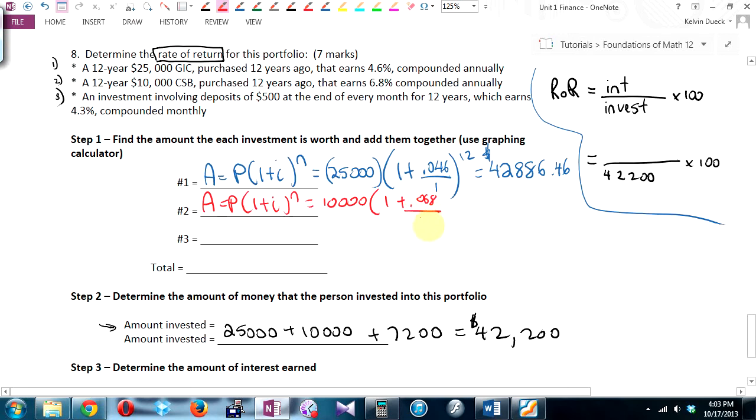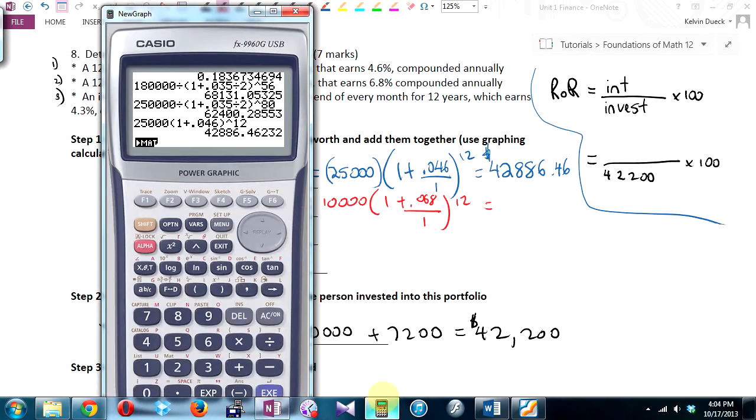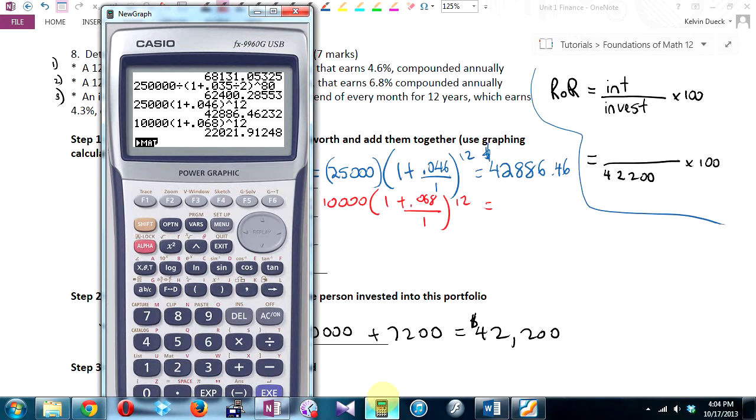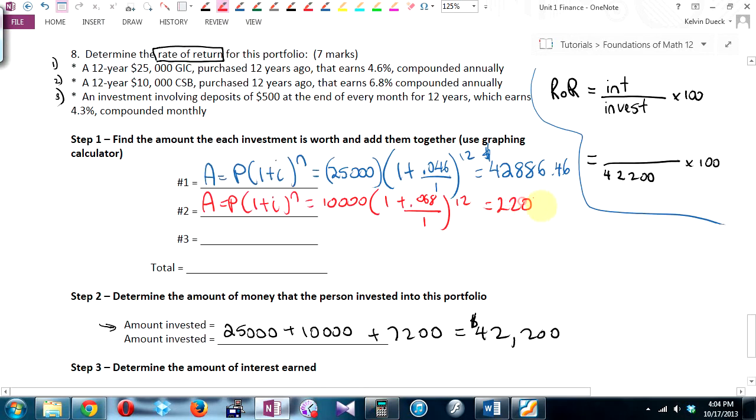This one's also annually, divided by 1, to the 12. $10,000 times 1 plus 0.068 to the 12 is $22,021.91. You guys okay with that so far?